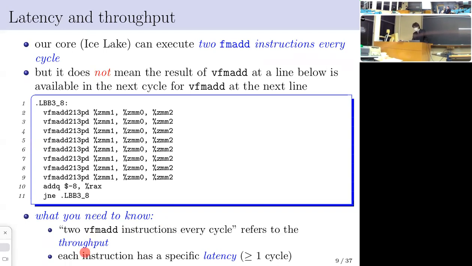But each instruction has another limitation, or performance characteristic, something called a latency. The latency is the time until the result becomes available from the point that this particular instruction gets its operand input.